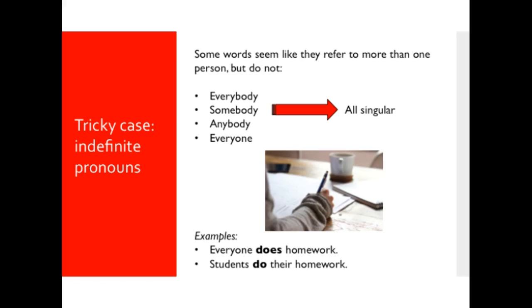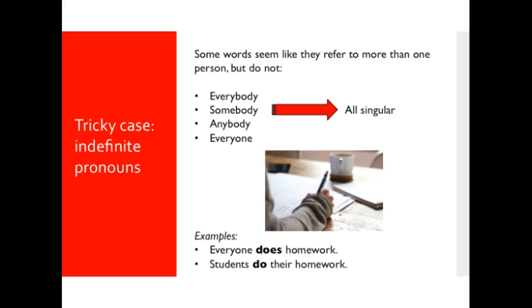They all require singular verbs. So we don't want everyone do homework, as in he does homework, a singular subject. We want everyone, so everyone is our singular subject, so everyone does homework.